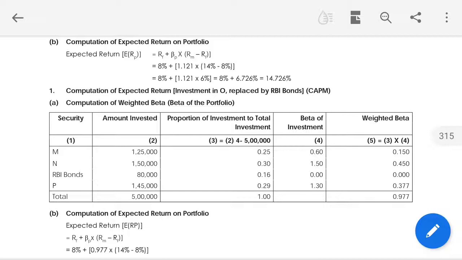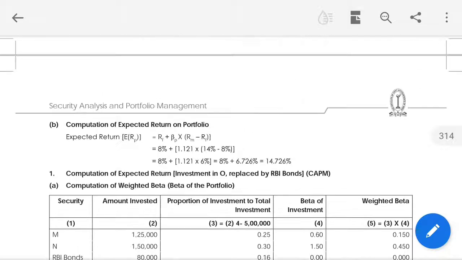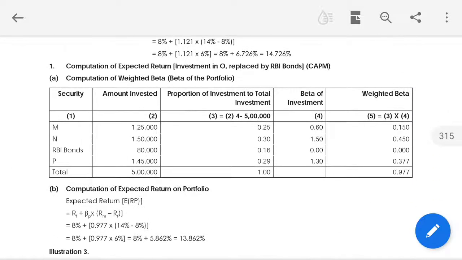If we multiply 0 with any value it becomes 0, and 0.29 into 1.30, that is 0.377. We calculated like the earlier scenario. So for expected return, we need to replace the 1.121 used earlier with weighted beta 0.977.